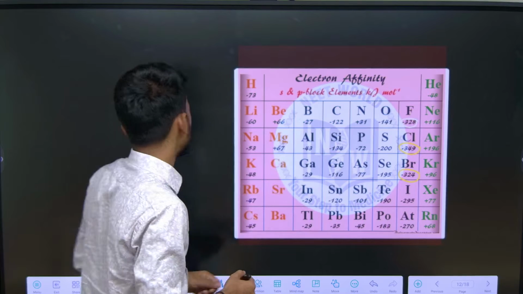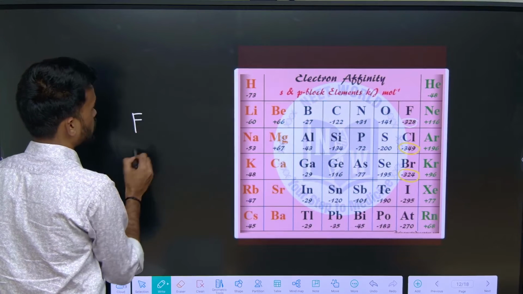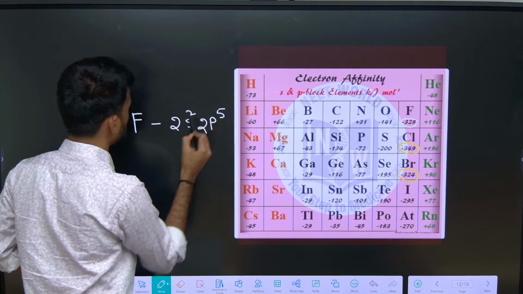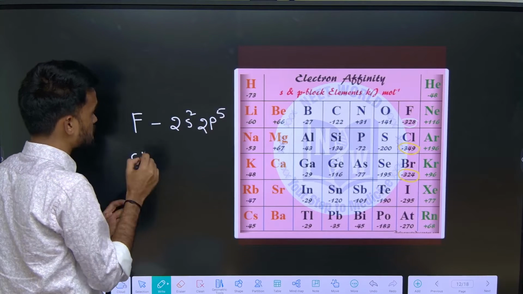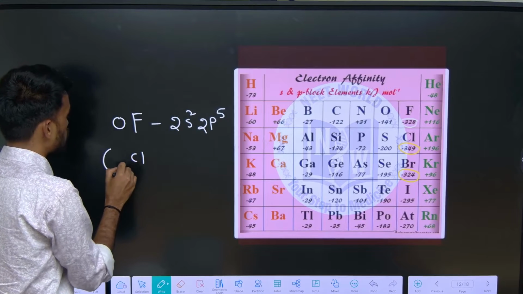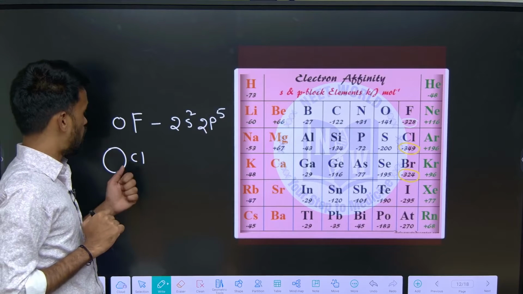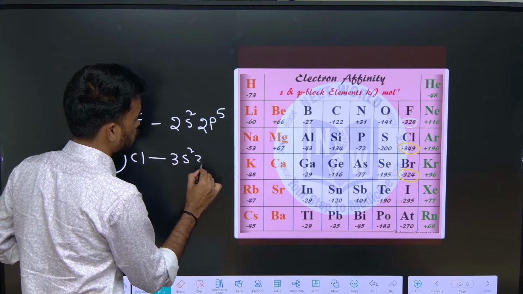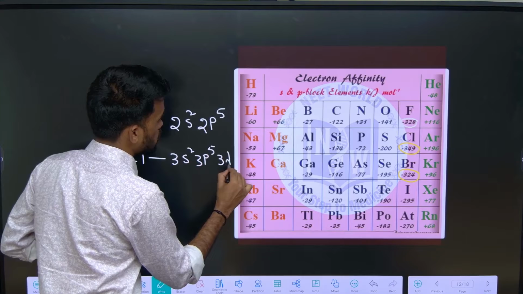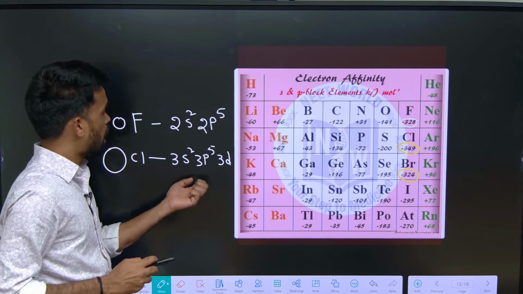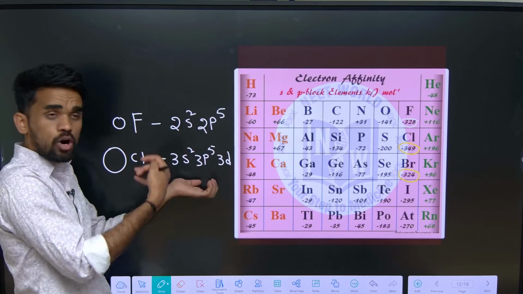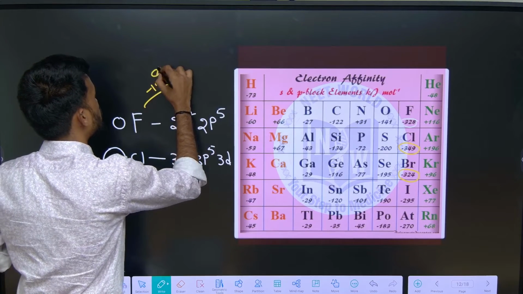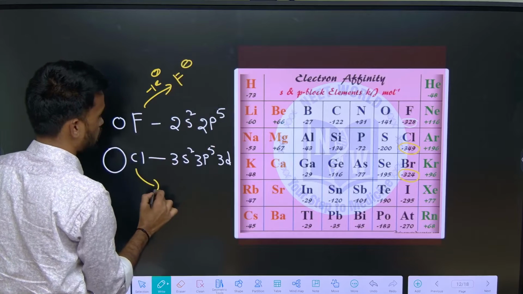Because fluorine has a smaller size, with only 2s2 2p5 electronic configuration, and chlorine's size is relatively bigger, with 3s2 3p5 and 3d 0. Since it has vacant space to accommodate the incoming electron, after adding the electron it will become F minus, and here also it will become Cl minus.